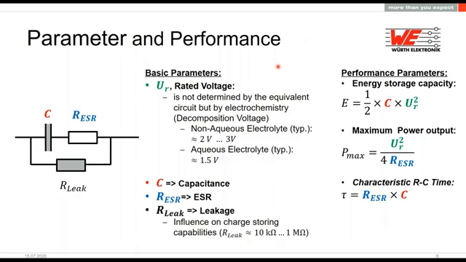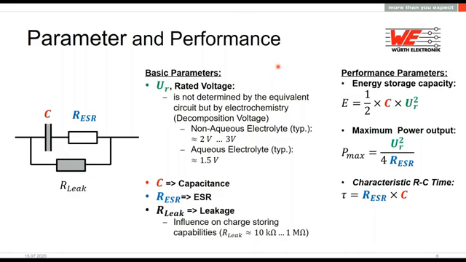So there are some parameters it's important to know when you want to use it in your application. For the supercapacitor, the main parameters are the charging and discharging time, as well as the power and energy capacity. The rated voltage defines the output power and the energy storage capacity. This rated voltage is limited for the EDLCs by electrochemistry, the so-called decomposition voltage.